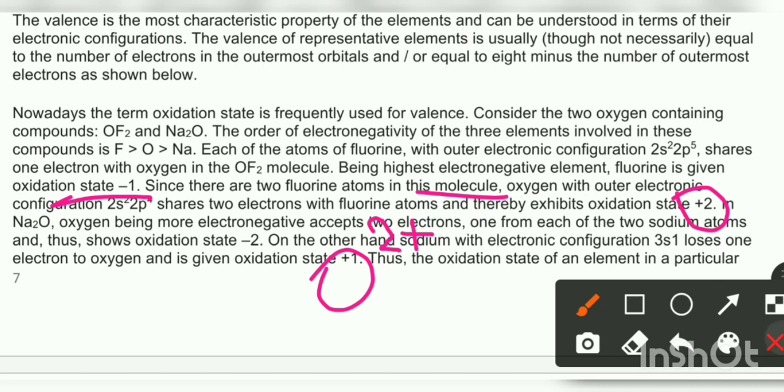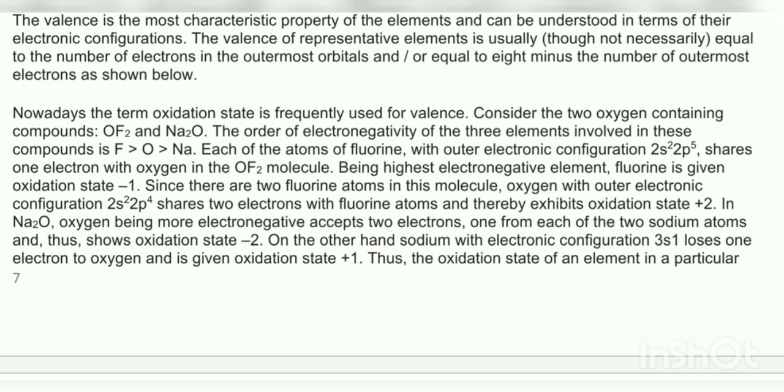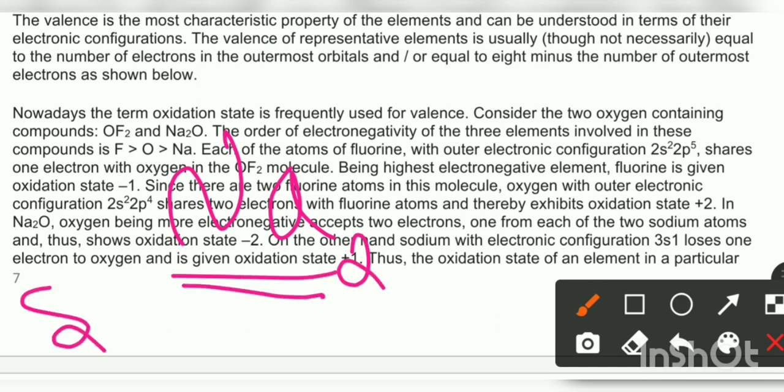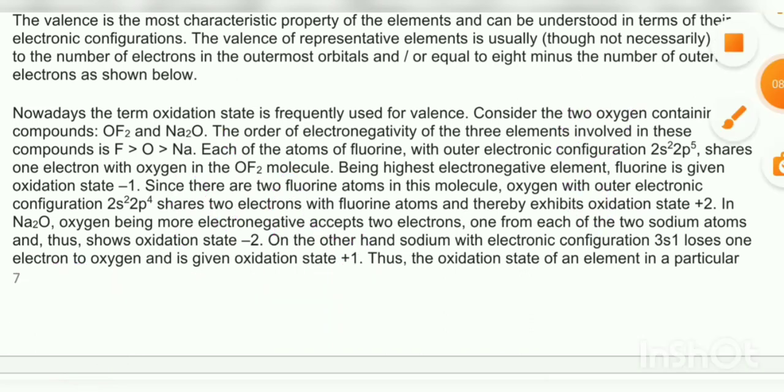And in case of sodium oxide, what happened? Sodium is an alkali metal present in the S block and oxygen is present in the P block. Sodium is at the left of the periodic table and oxygen at the extreme right.